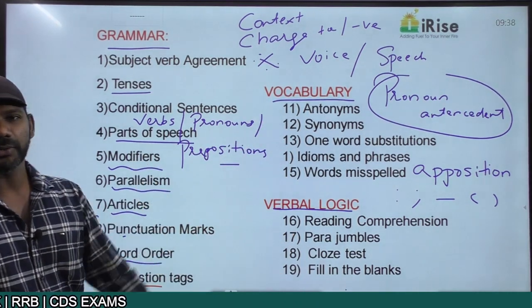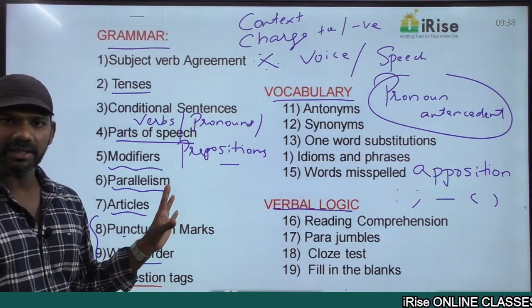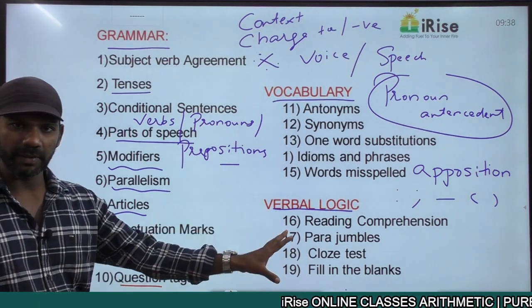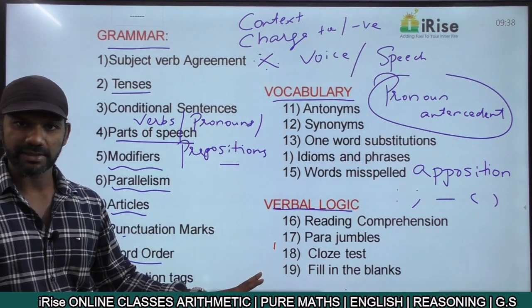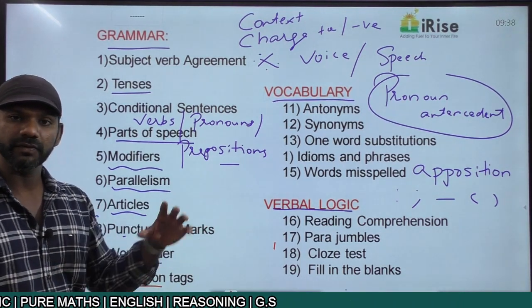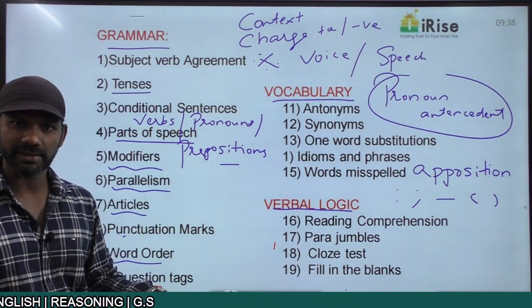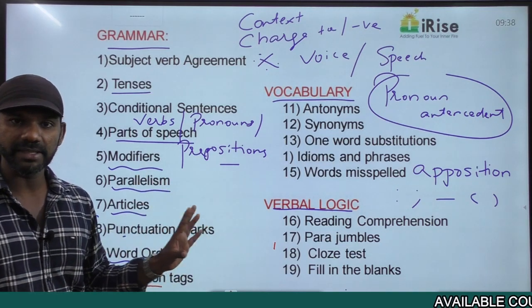In fact, all the three are dependent on one another. Whatever concepts are there in the grammar part will surely help us in the case of vocabulary-based questions. I'll tell you how. In the case of verbal logic-based questions. So we'll move on to the cloze test only at the end, only after completion of the grammar questions and the vocabulary questions. So this is a strategy that needs to be followed in the case of grammar-based questions.